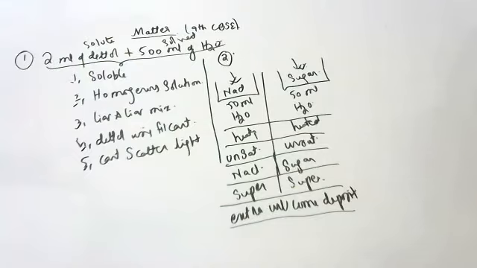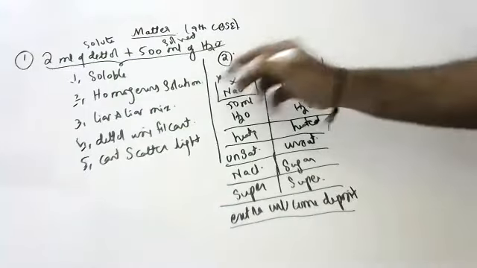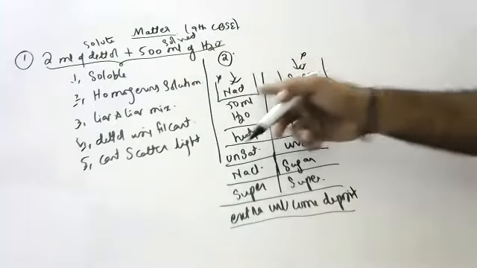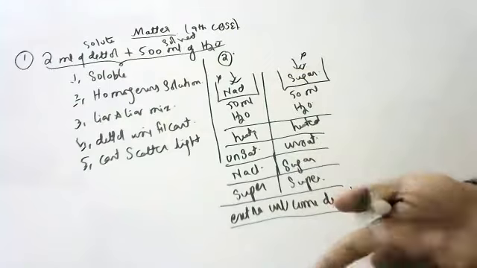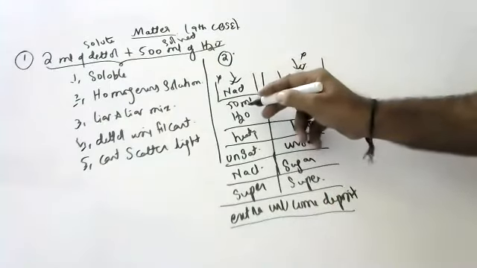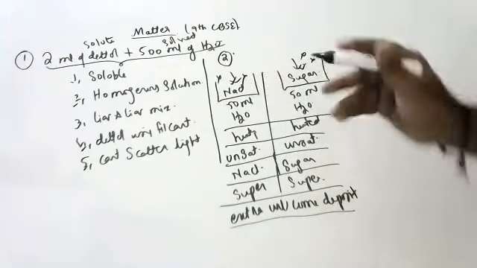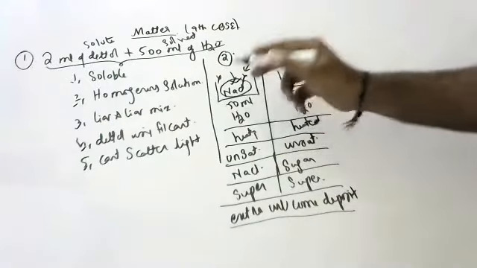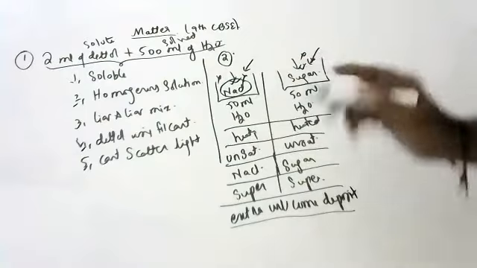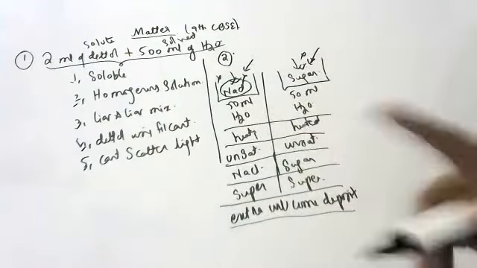This is the second question. First, will the amount of salt and sugar that can be dissolved in water at a given temperature be the same? No, it is different, children. The amount of solute soluble is different. Sodium chloride and sugar will dissolve in different amounts.